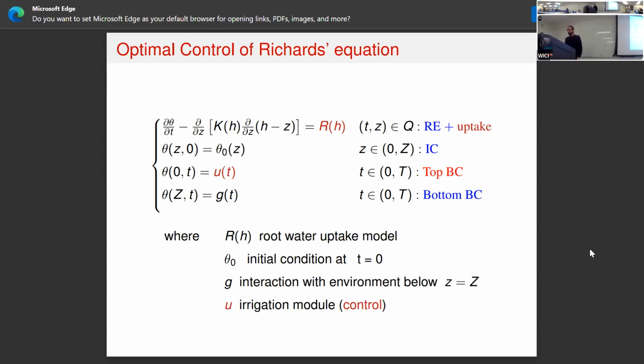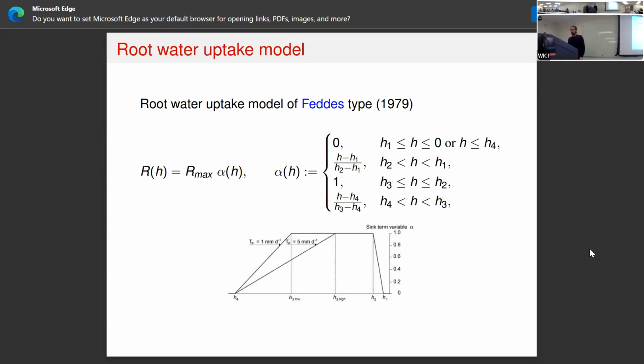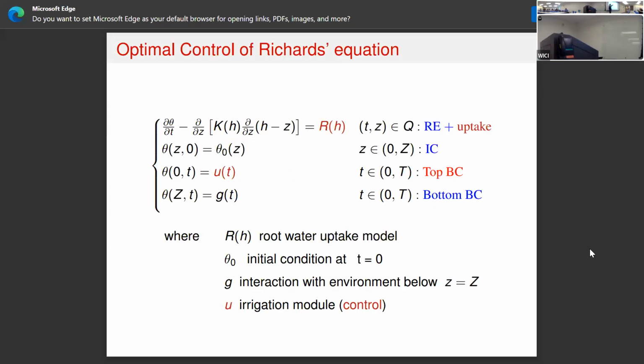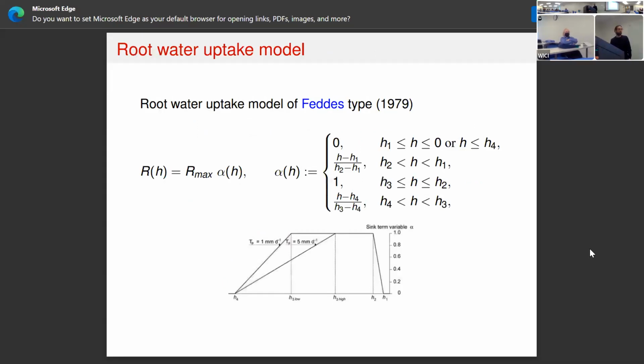Okay. Now, for the root water uptake that here enters as the source term, we use a rather simplified model introduced by Fields, and where basically has this affine profile. Okay, so there is a region where the root water uptake is maximized.